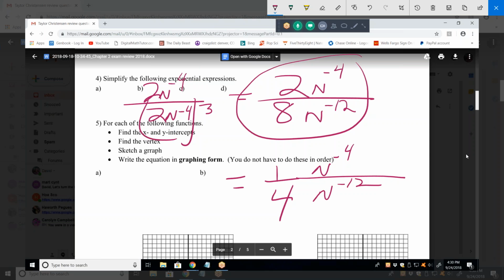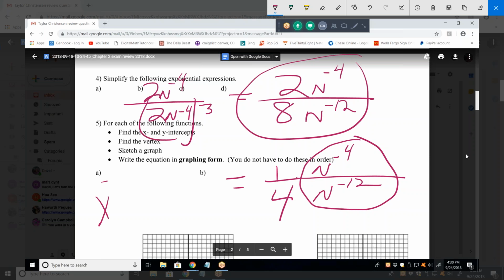When you're dividing same base, different exponents, what do you do with the exponents? You subtract. When you're multiplying, you add. When you're dividing, you subtract. When you are double exponentiating, you multiply. You always do one level less. You never do the same thing.